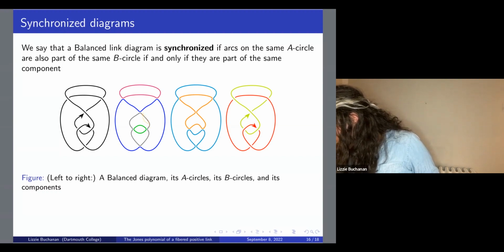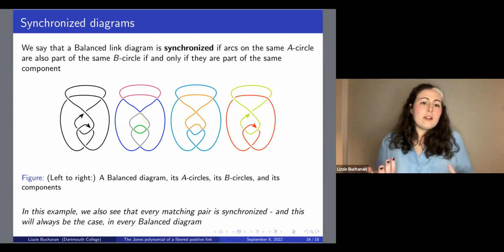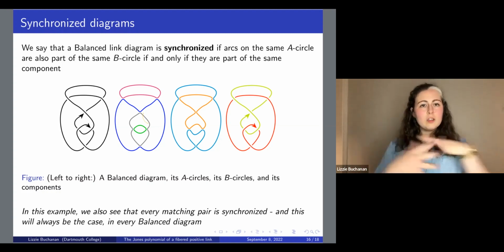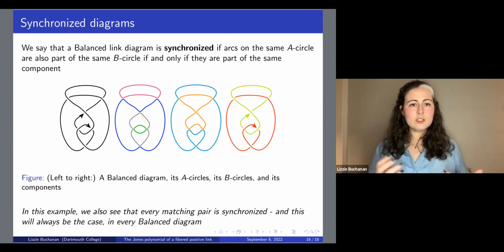And what ends up happening is that, as we can see in this example, in particular, every matching pair is synchronized, and we can go back and forth with that. If every matching pair is synchronized, then the diagram is synchronized and vice versa.